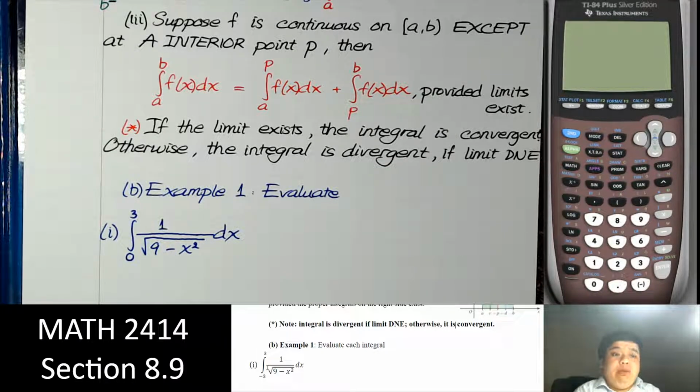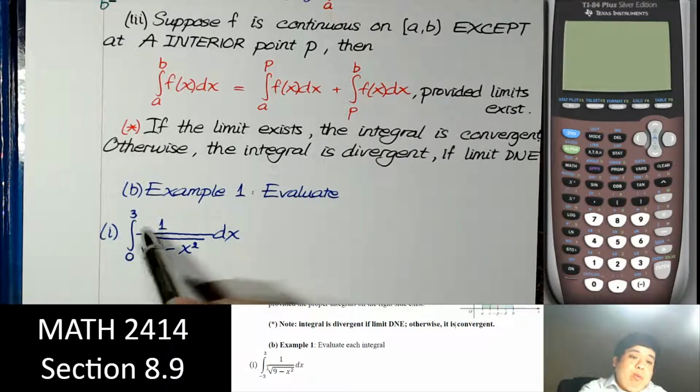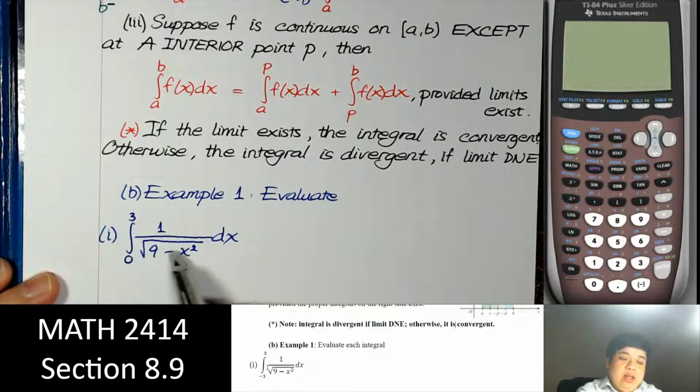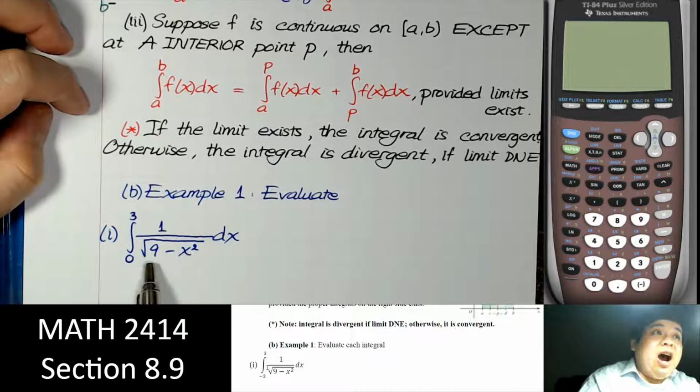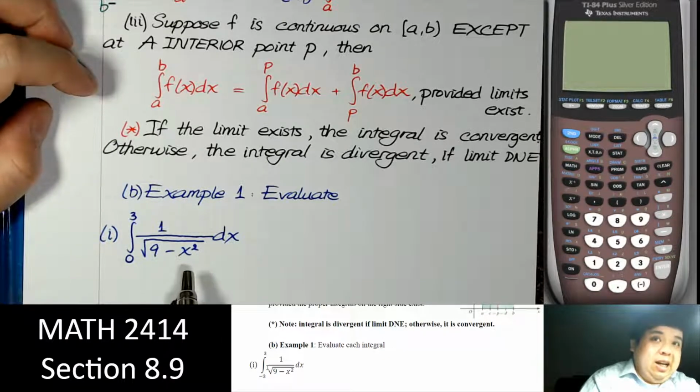Right. The first thing we say, what's wrong with that? It's perfectly fine, right? There's nothing wrong with that. The problem is when we put any numbers between 0 to 3, especially when we put 3 in here, 9 minus 3 squared is 0.